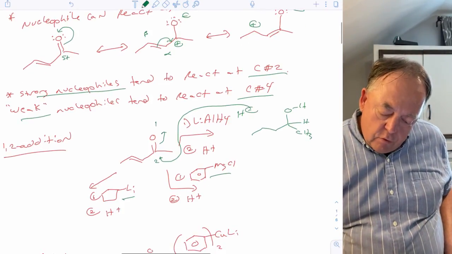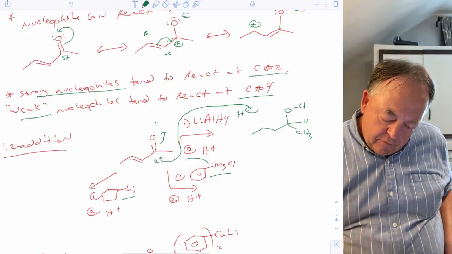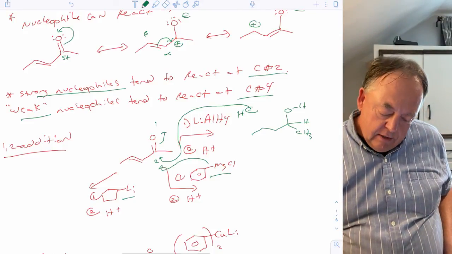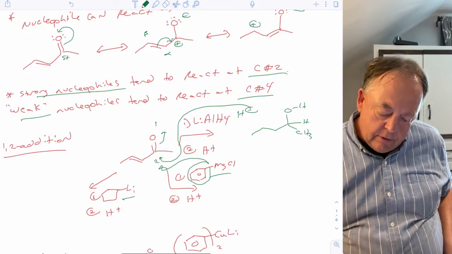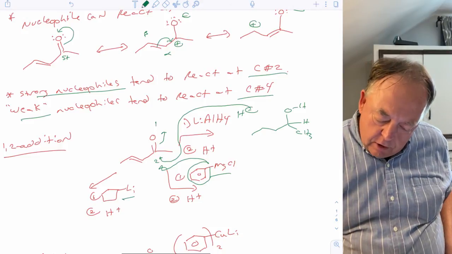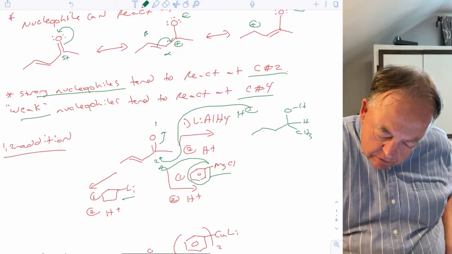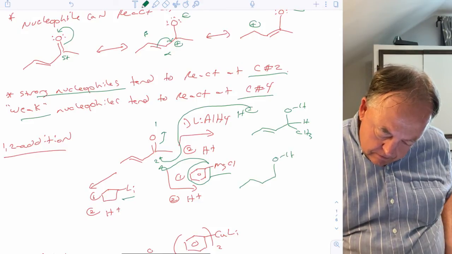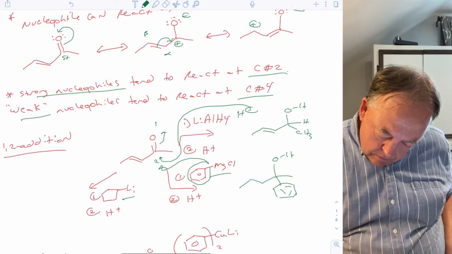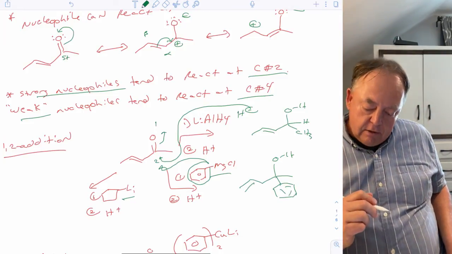Or if you have a Grignard reagent, Grignard reagents are very strong nucleophiles. They tend to react here as well. So take whatever's attached to magnesium, attach it to that carbon number 2, and the C=O becomes an O minus, which picks up a proton in the second step. Sorry, the C=C should still be there. So you would make that product.